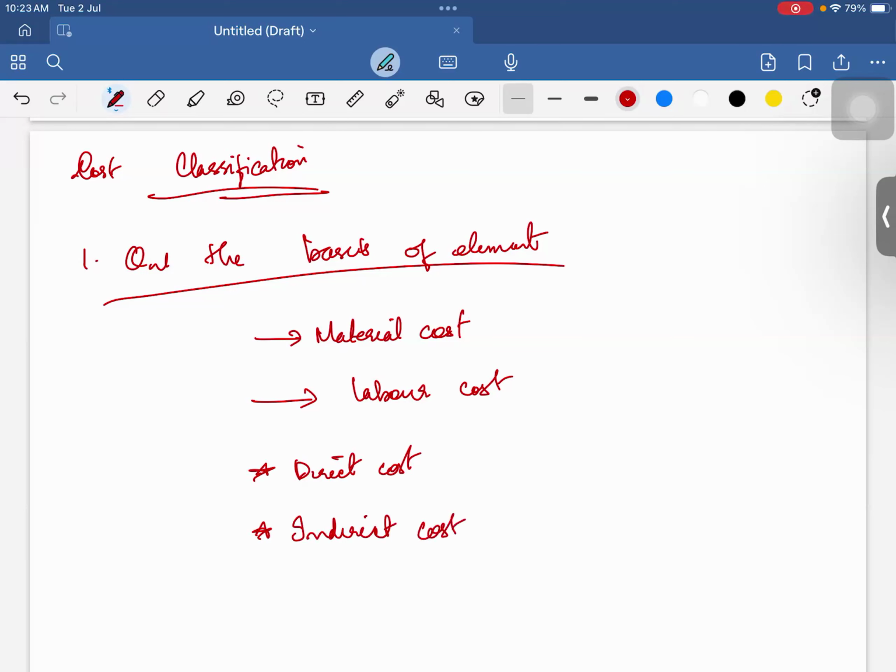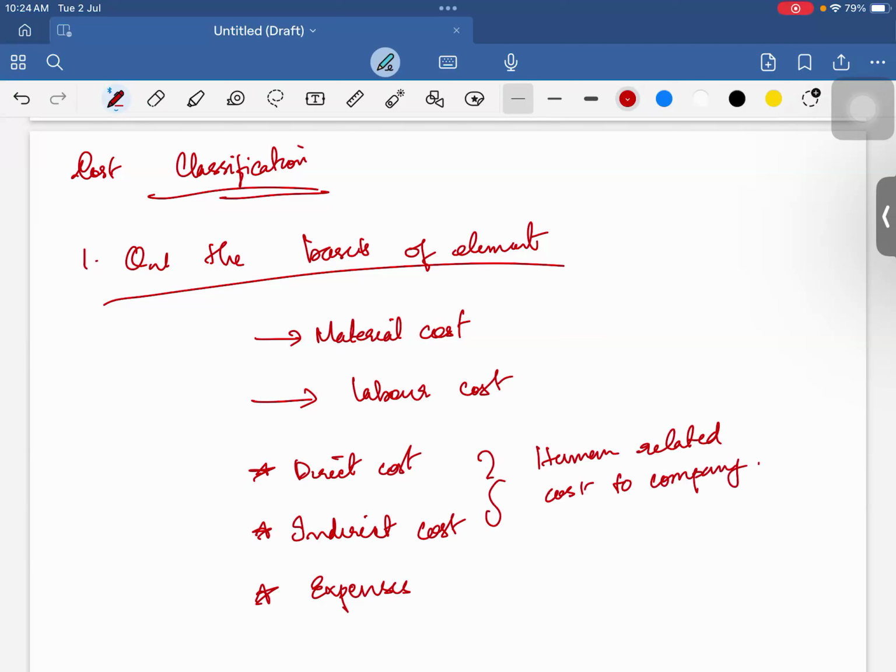And the third one is the general expenses. And these 2 things are direct because it is always human related cost. It is going to be directly used towards the product.